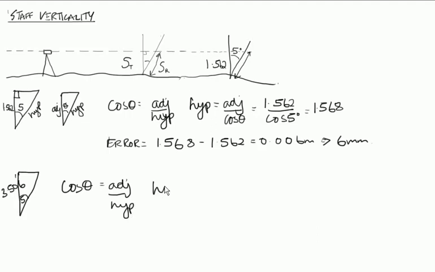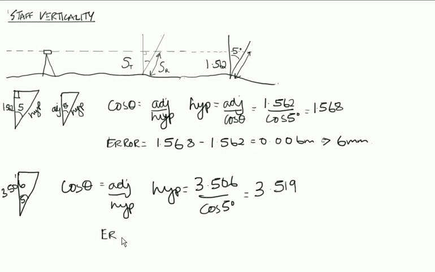So hypotenuse is 3.506 over cos 5 degrees, and that comes out at 3.519.